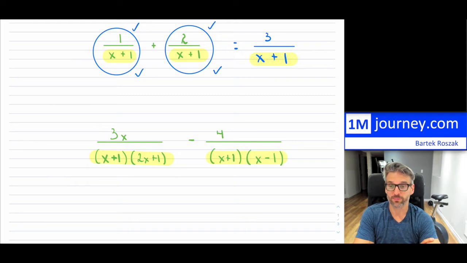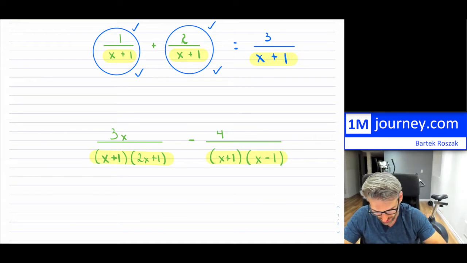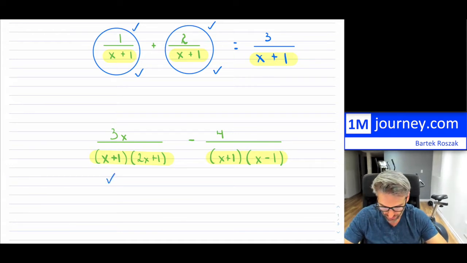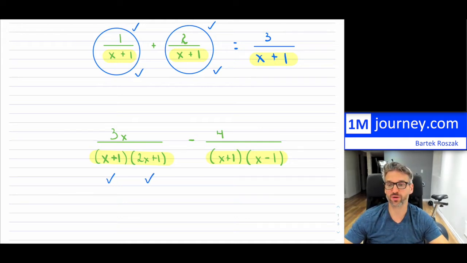But within these, because we have numerous factors in the denominator, I have two factors here. For instance, I have the factor x plus 1, and I have another factor, 2x plus 1. So those two are multiplying. And most of the time, the denominator may not be factored out for you. It could be just a regular quadratic or some kind of polynomial of higher order.